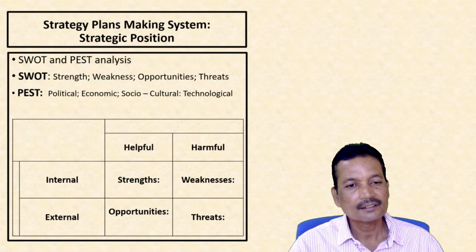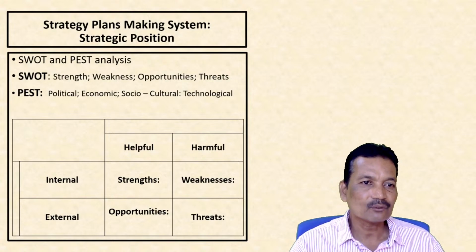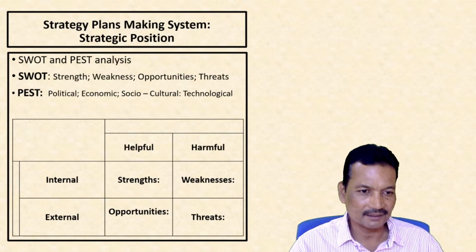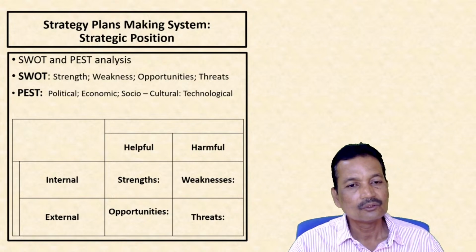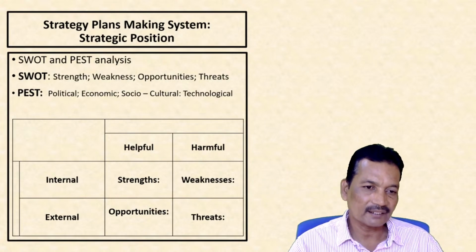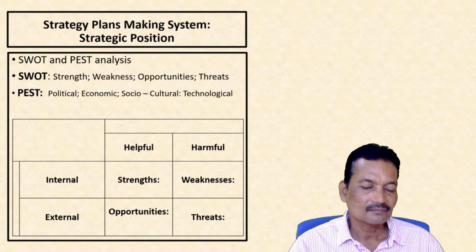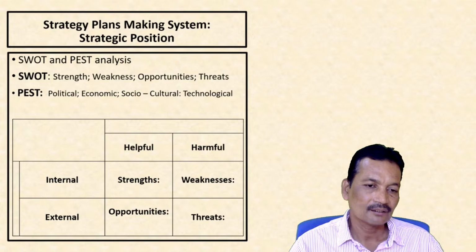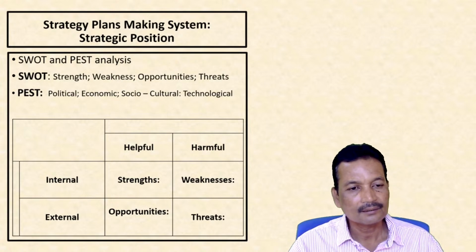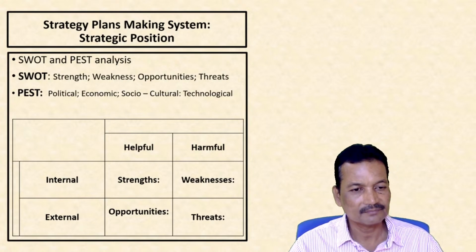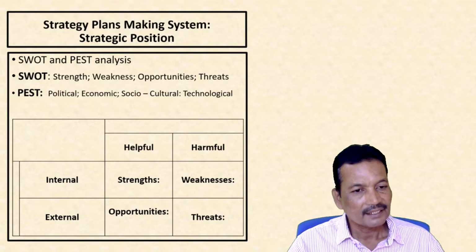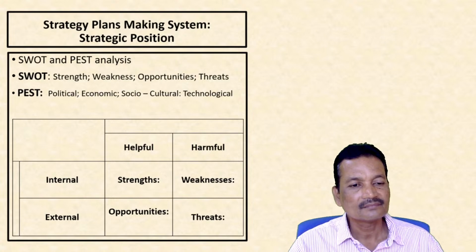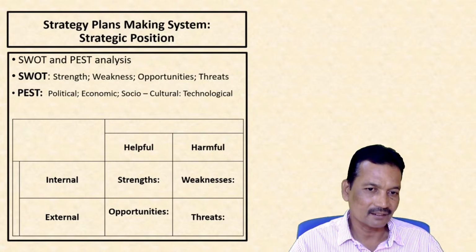Now look again at the matrix that we have formed for this kind of analysis. Now we have two kinds of factors which affect the way or the direction the tasks are undertaken by the organization to achieve the organizational objectives. One is internal factors, the other is external factors.